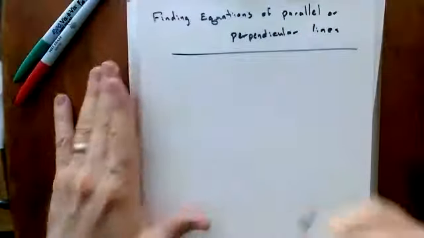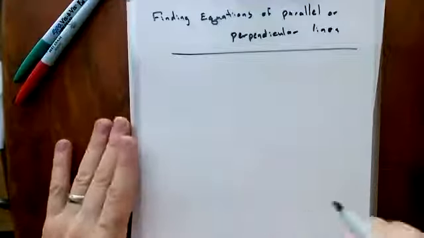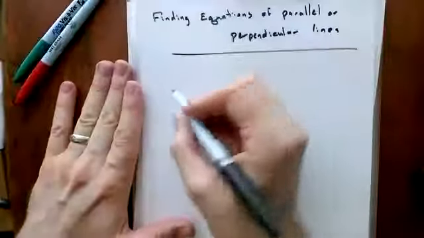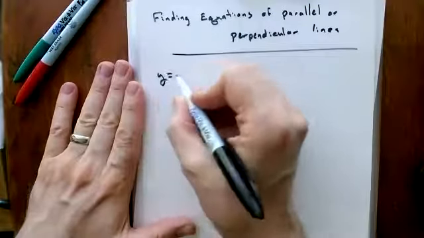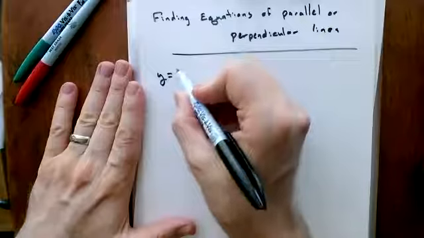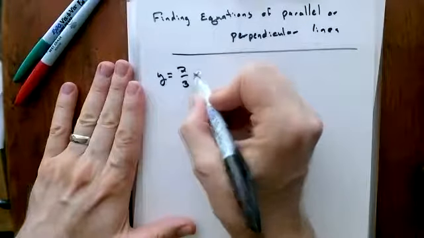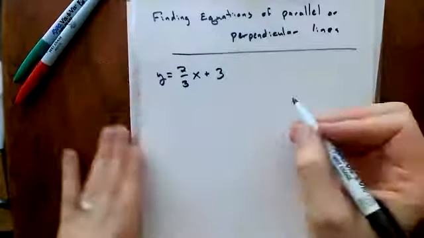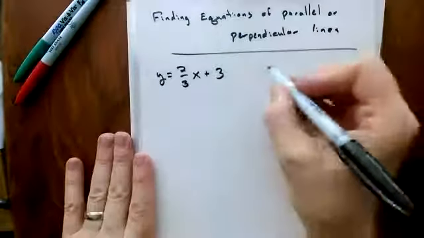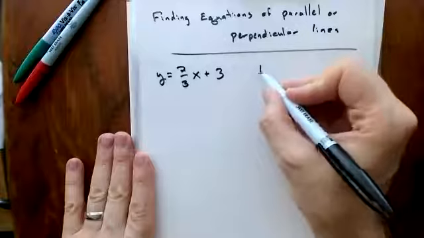Whenever we're talking about lines that are parallel, we've got, like, y is equal to 2/3 x plus 3. One of the things we're going to need to do is identify the slope.